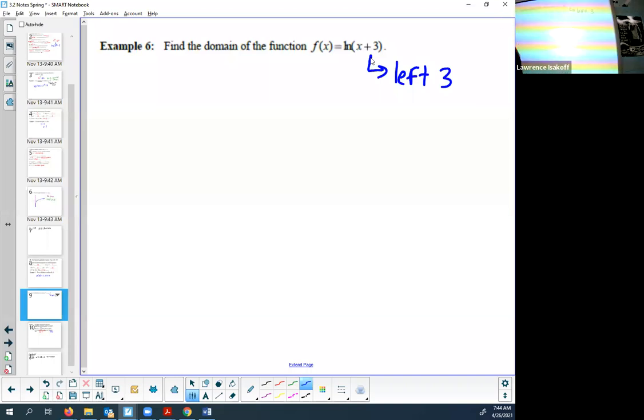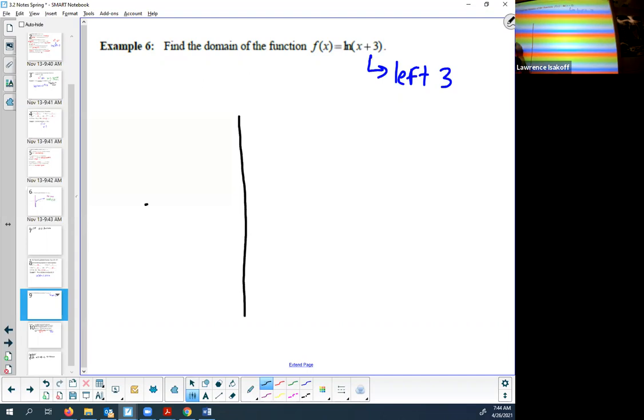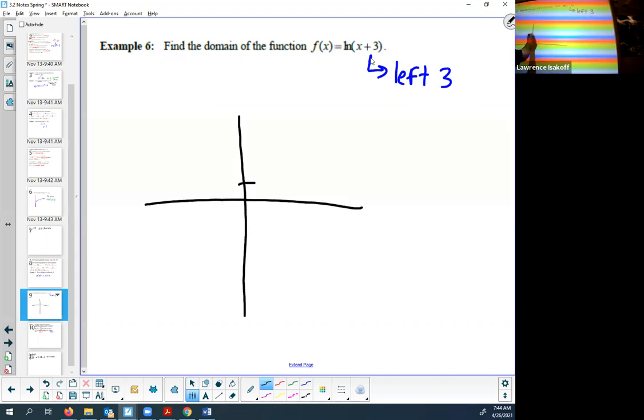So I know that my default log has a vertical asymptote at x equals 0. It has an x-intercept at 1, 0.